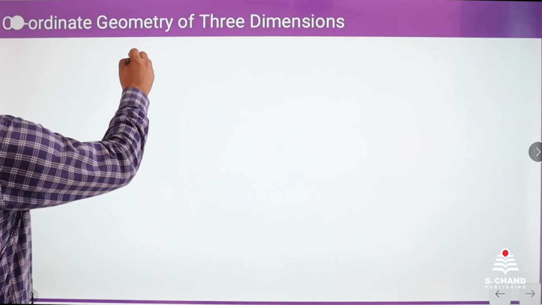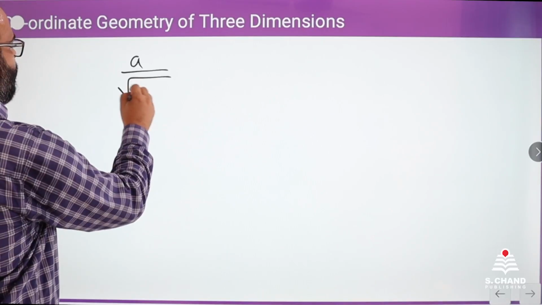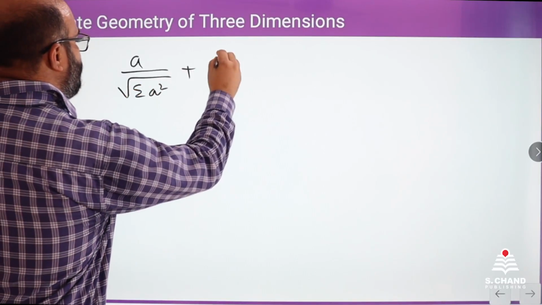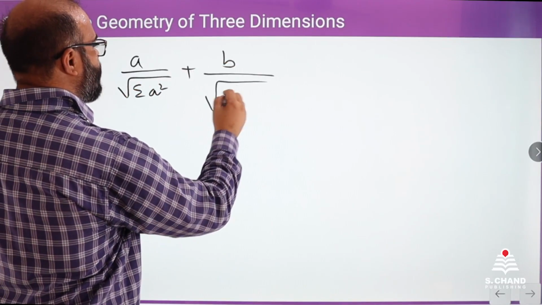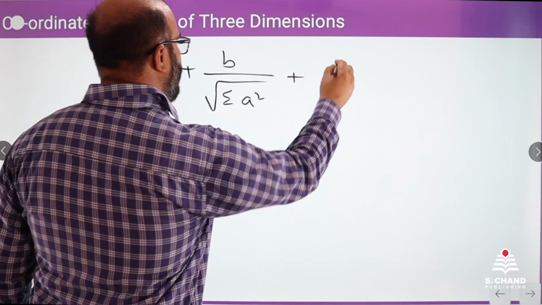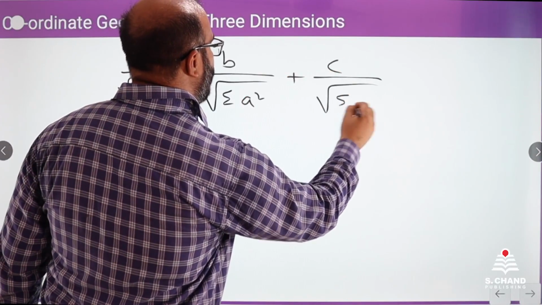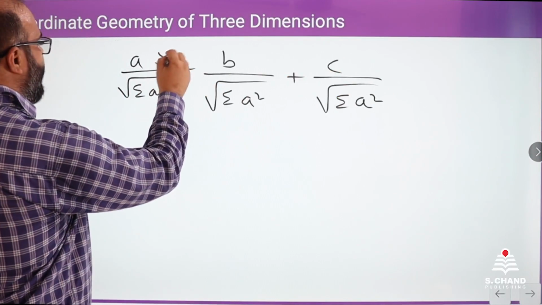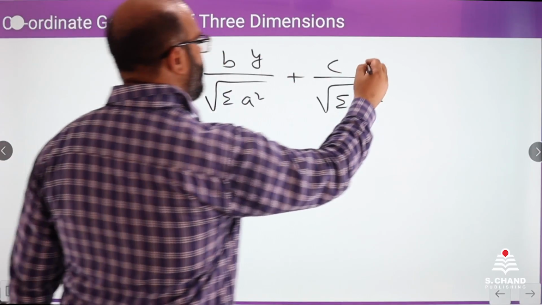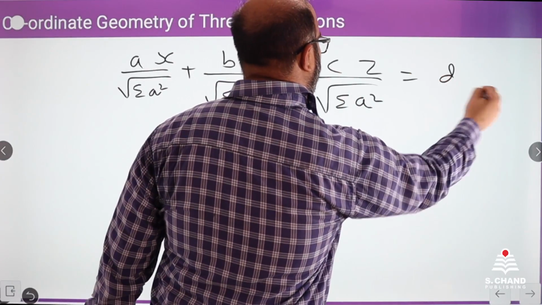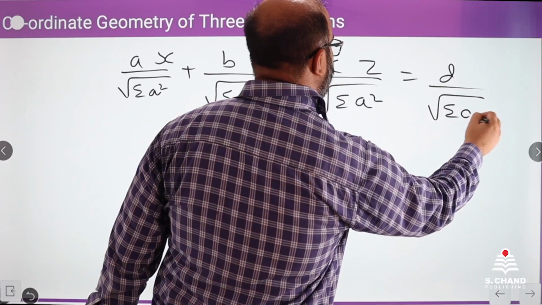Now, D can also be defined. If we take A by root over sigma of A square, B by root over sigma of A square, C by root over sigma of A square, these are the coefficients of X, Y, Z, and here d by root over sigma of A square will be there.